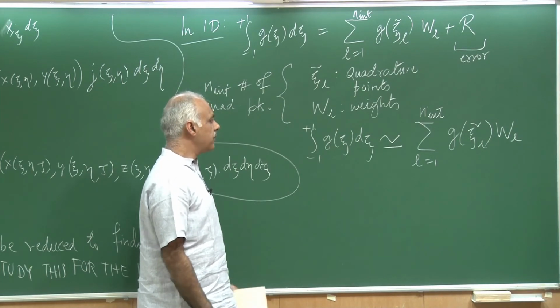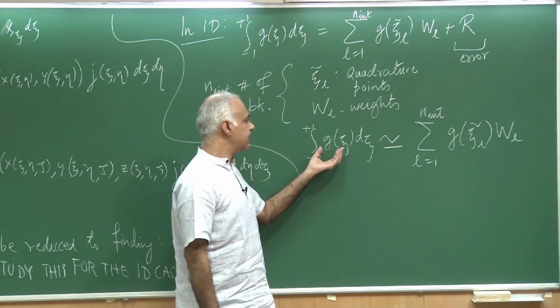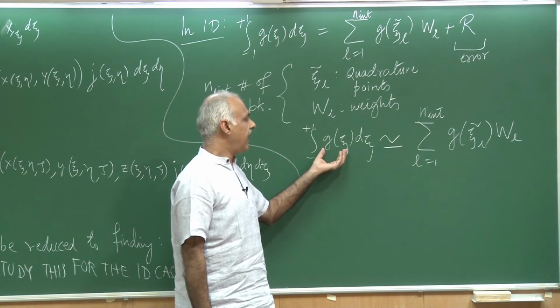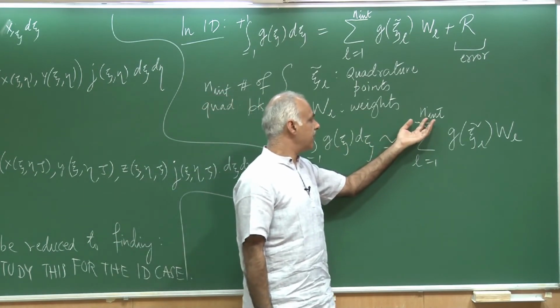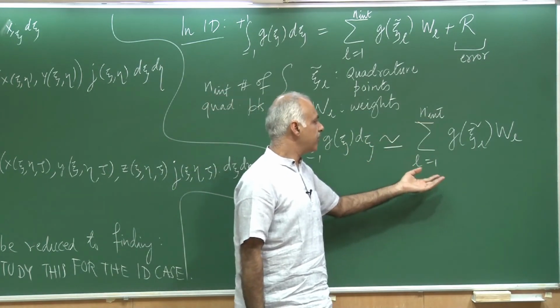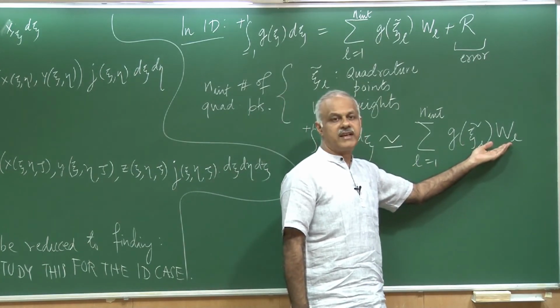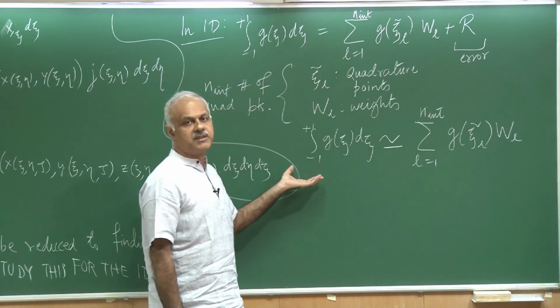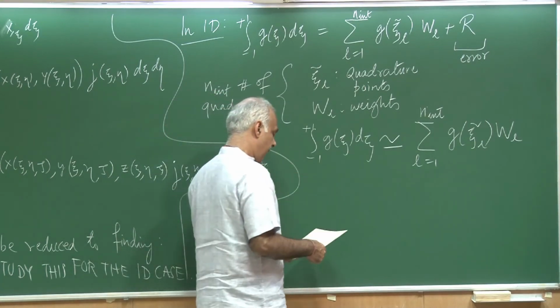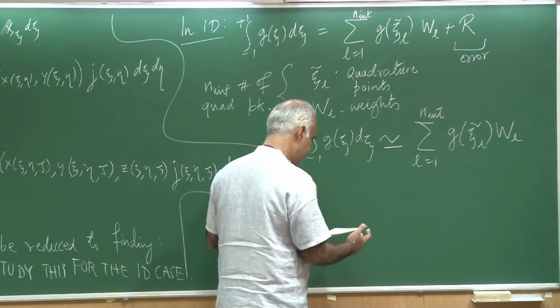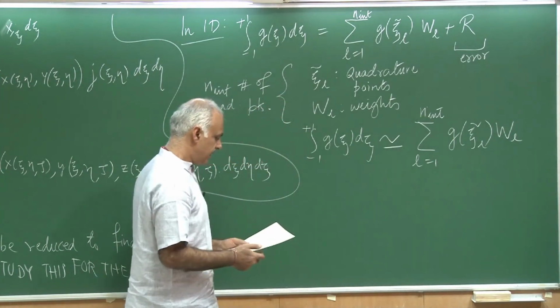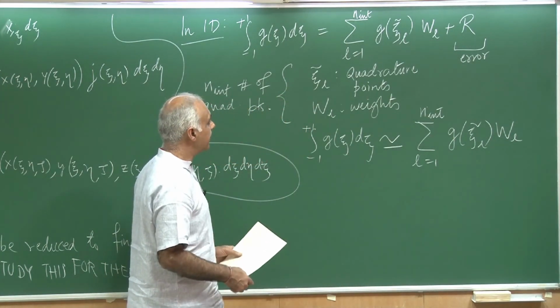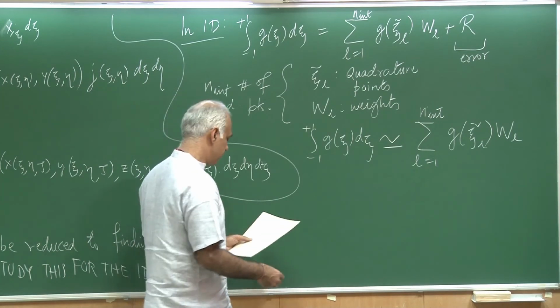So the whole problem boils down to evaluating this function g at a finite number of integration points, and we already somehow know what the weights are, and if we can sum this up, then we can get an approximation to this integral. I am sure you have seen some integration rules earlier, and let us take some examples.